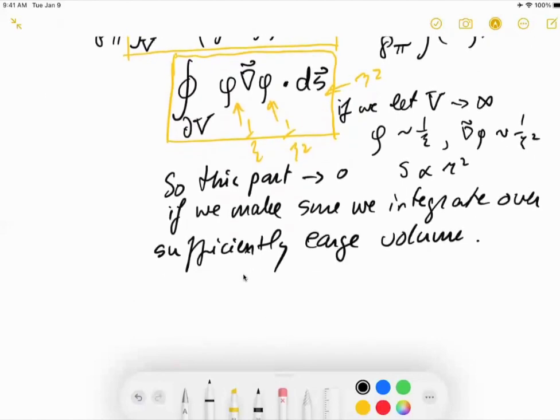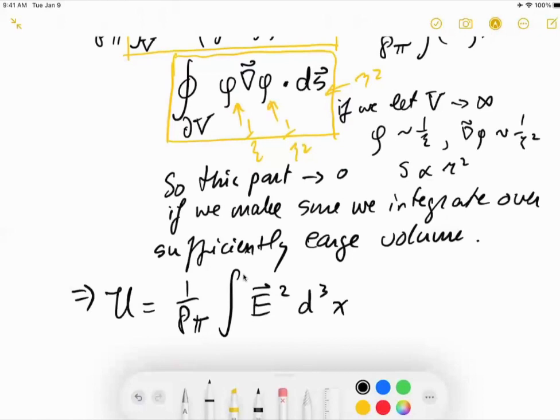Okay. So therefore, we have u equals 1/8 pi, the volume integral of E squared d3x.